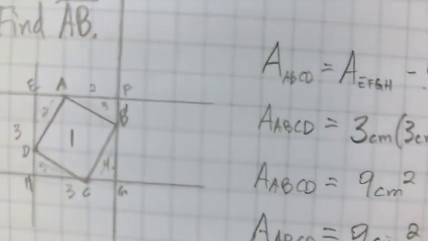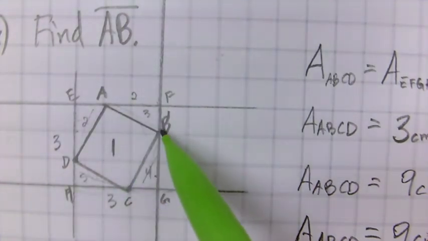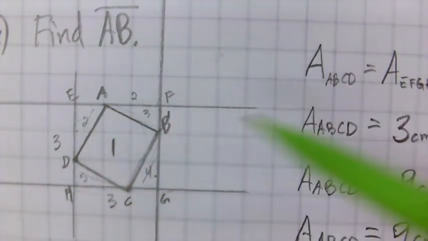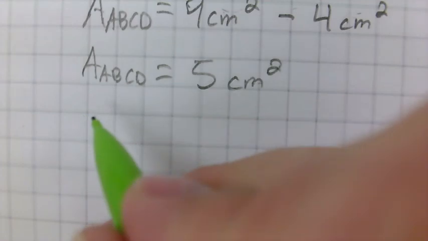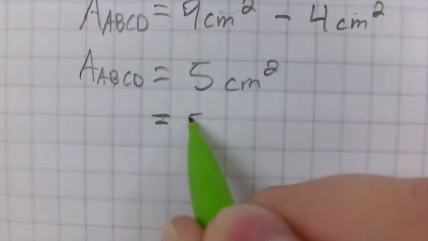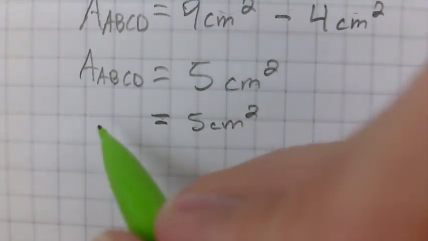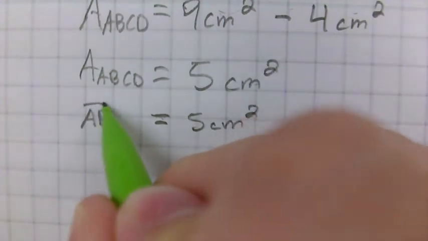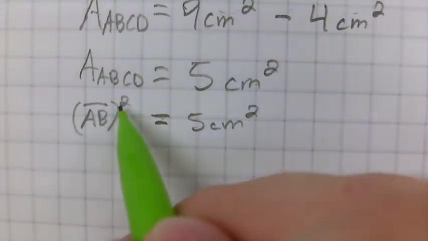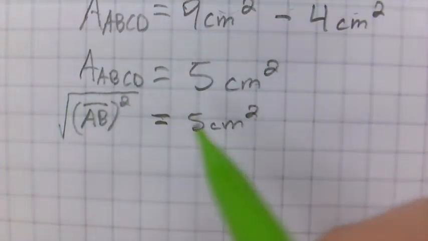But it's not just the area of this shape that we were trying to figure out. It was the length of this side, which we know that this times this will give us the area. So we know that this area, which we figured out is 5 centimeters squared, it's the same thing as some number times itself, right? It's this AB length times itself, which we also know as squaring it, right? So AB squared is going to be 5 centimeters squared. And how do we get rid of a squared? We square root it.